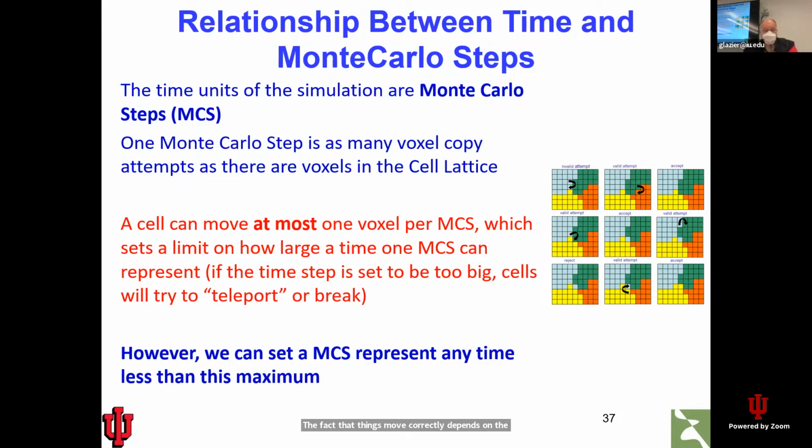And so if you want a random number generator test, it's actually a pretty good one. You have to use a pretty good random number generator to get this to work. But 1 MCS represents any time less than the maximum time, which is that you don't want things to move too fast per Monte Carlo step. If you push cells too hard, they'll break or teleport, and you don't want that.